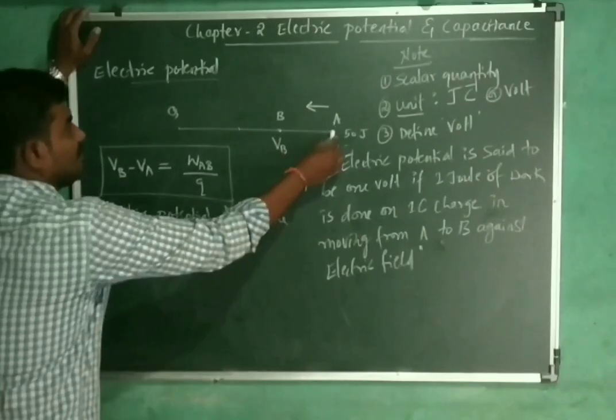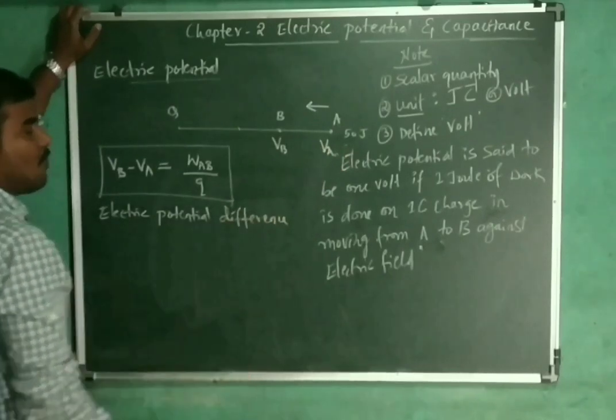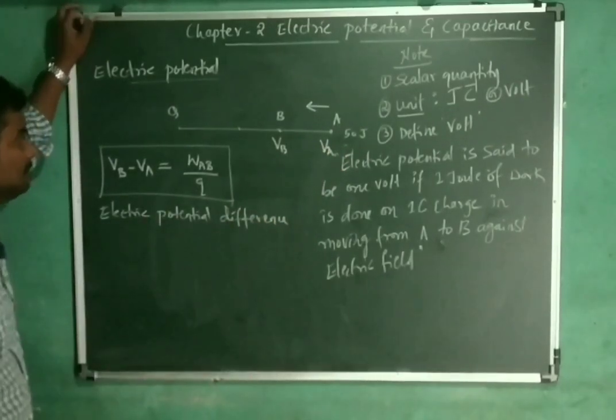It means potential at A is VA, potential at B is VB, and the difference of these two is the potential difference.